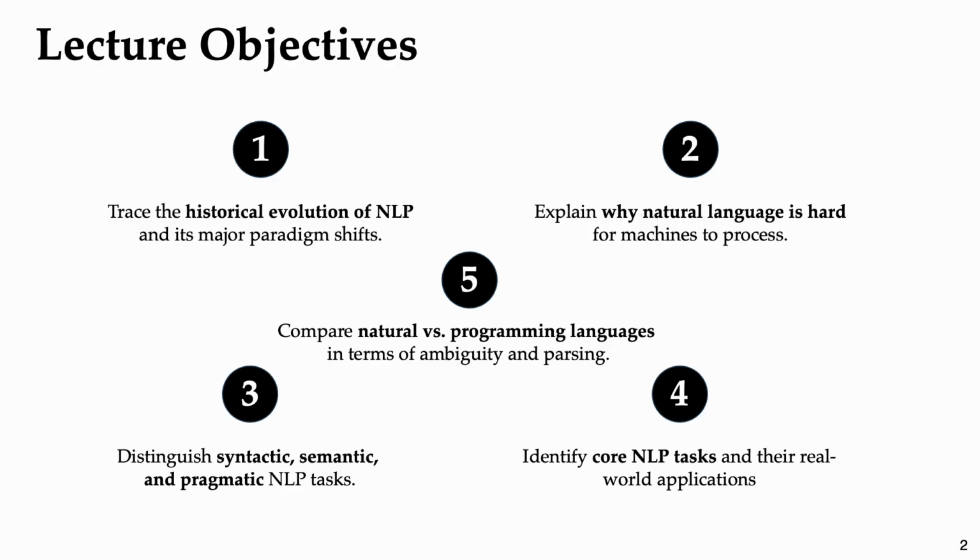Then we will look into why natural language understanding is hard, and then distinguish syntactic, semantic, and pragmatic NLP tasks, and the type of tasks that pertain to each of those types, and then identify core NLP tasks and their real world applications.